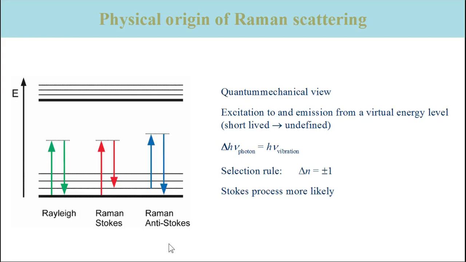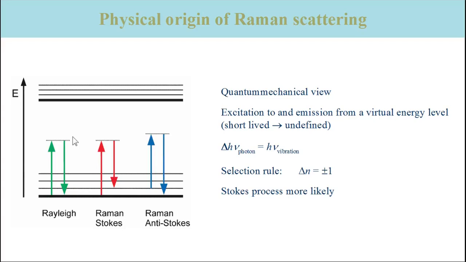In all of these processes, an incident photon interacts with the molecule and excites it to a virtual state. The photon becomes annihilated in this process. The virtual state is a non-stationary state of the system. It has therefore a very short lifetime, and its energy is not well defined. When it decays, the scattered photon is created.